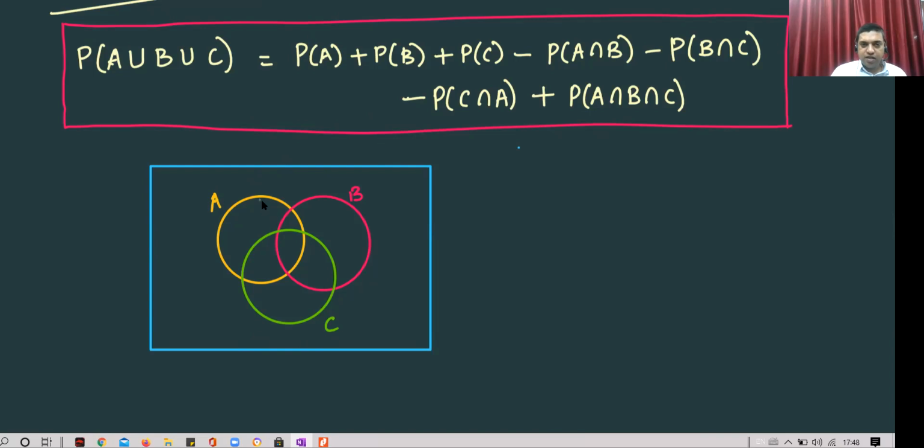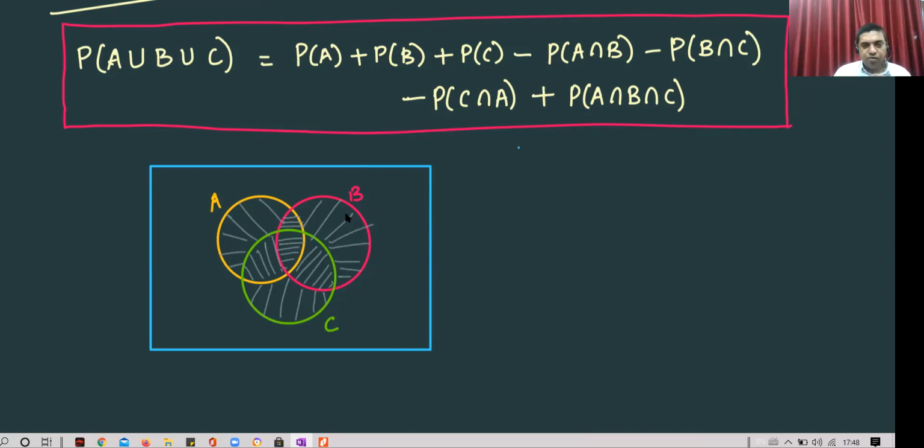It includes only A, only B, only C, and it includes A and B, A and C, B and C, and then all of ABC.